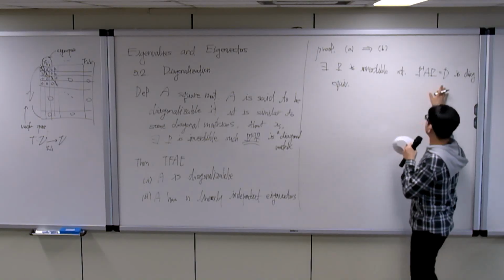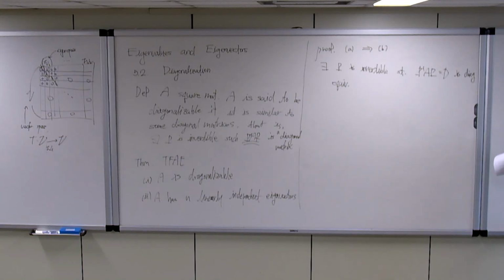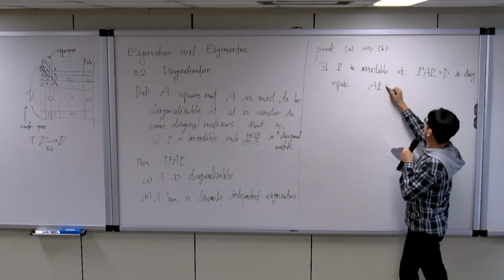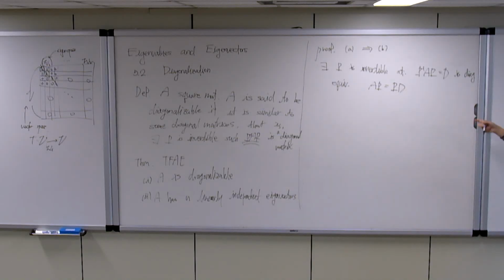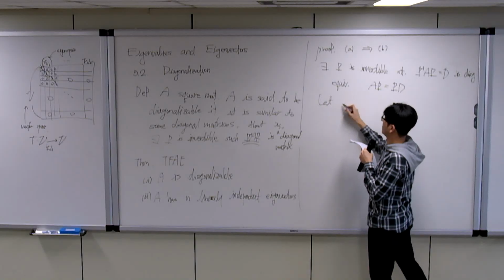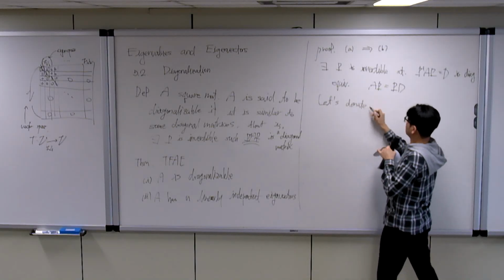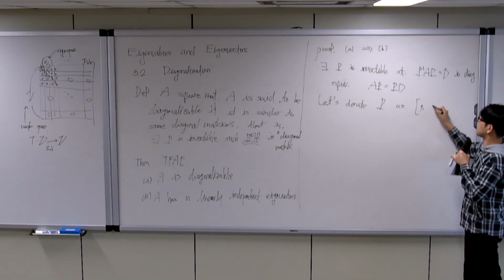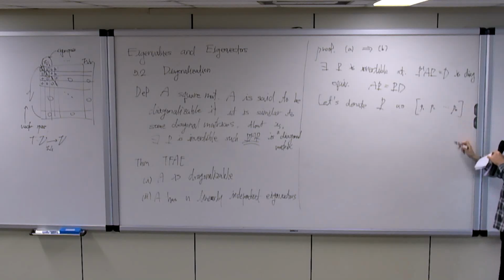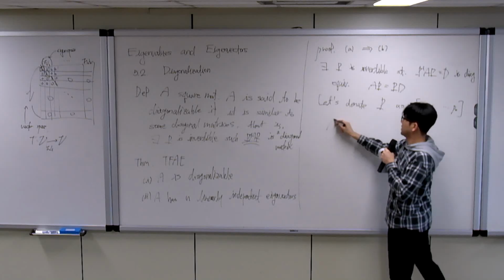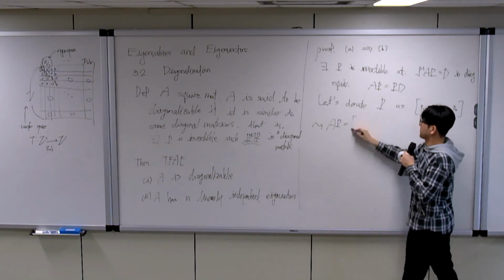So AP would be the same as PD. If you calculate PD, then the first column would be lambda 1 P1, the second column will be lambda 2 P2, and so on, lambda n Pn.